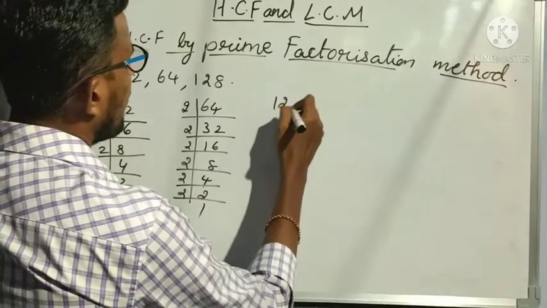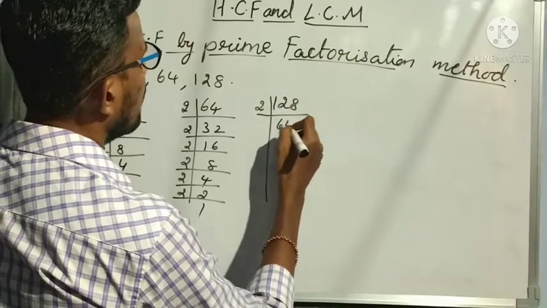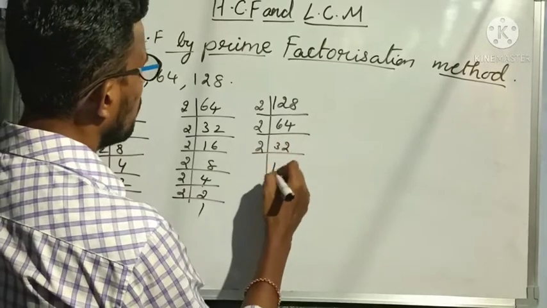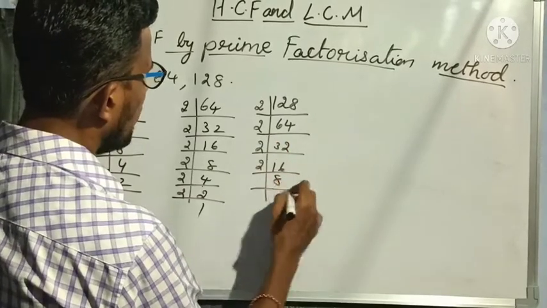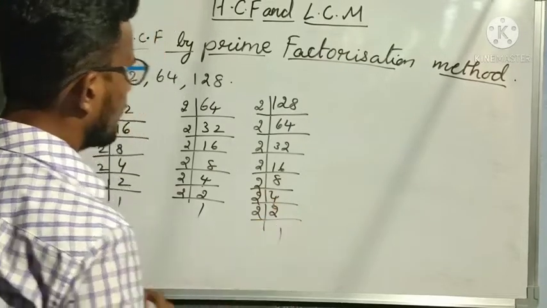Next for 128. Again the 2 table. 2 6s are 12, 2 4s are 8. So again 2 32, 2 16, 2 8s, 2 4s, 2 2s and 2 1s.